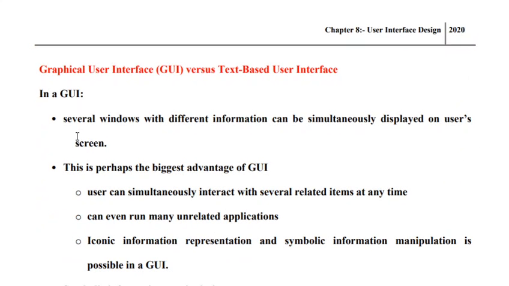Now, the second category of user interface is the graphical user interface or the text-based interface. A graphical user interface is one where we can have several windows with different information being displayed to the user, using which the user can perform different operations.